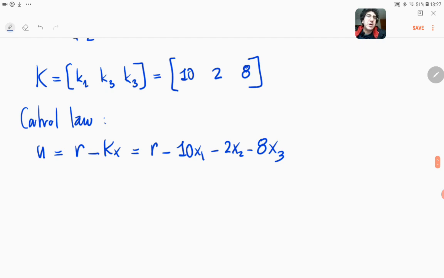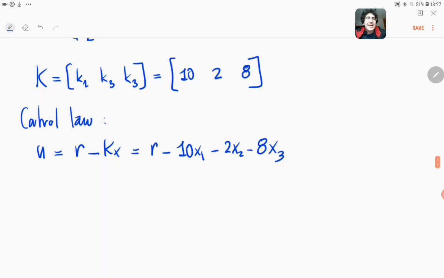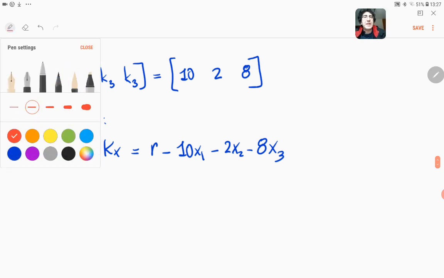And this is called pole placement using state feedback. It's a very powerful method of designing controllers, provided that the system representation is completely controllable, and also the states of the system are actually available to you.